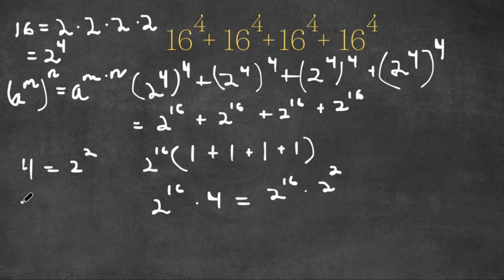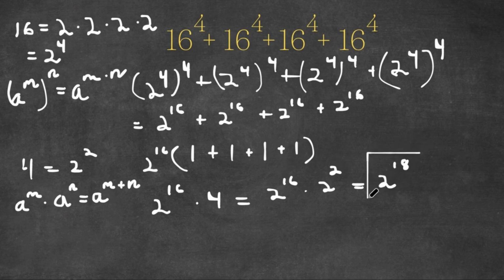And whenever we're multiplying exponents, let's say a to the power of m times a to the power of n, this is going to equal a to the power of m plus n. So this is going to equal 2 to the power of 16 plus 2, which is simply 18. So 2 to the power of 18 is our answer.